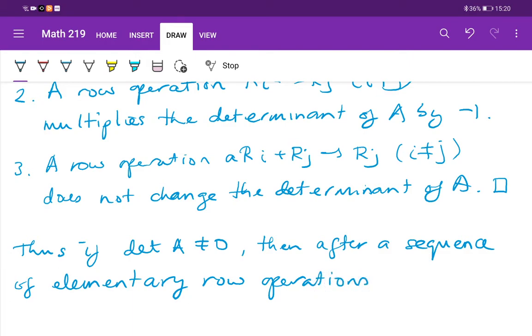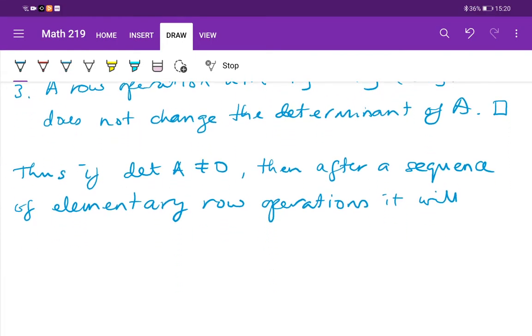So if it starts off non-zero, it remains non-zero.